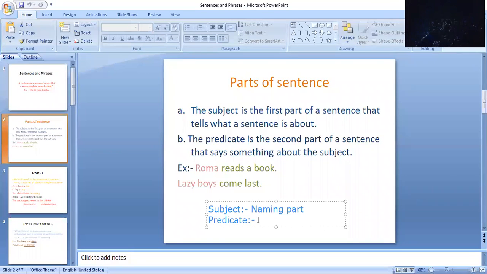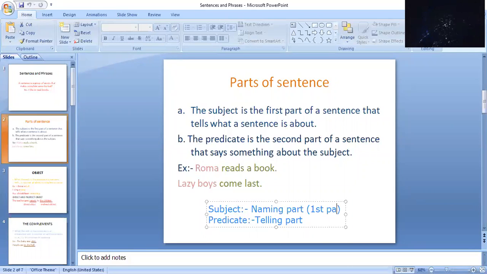Then what is predicate? Predicate is the telling part of the sentence. The subject is the first part of the sentence that tells what the sentence is about.